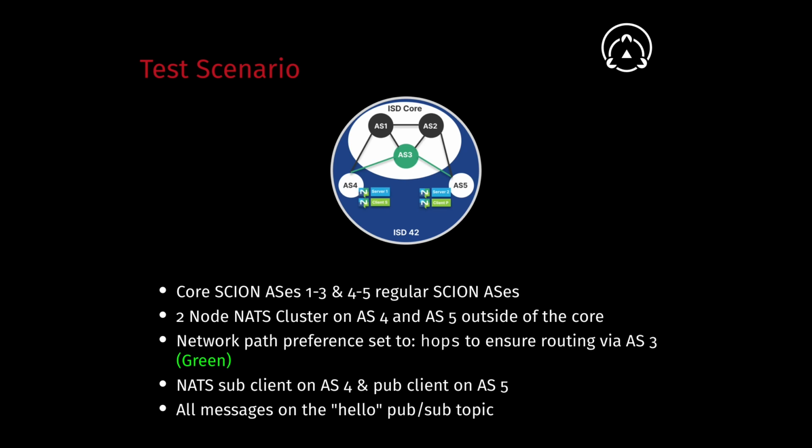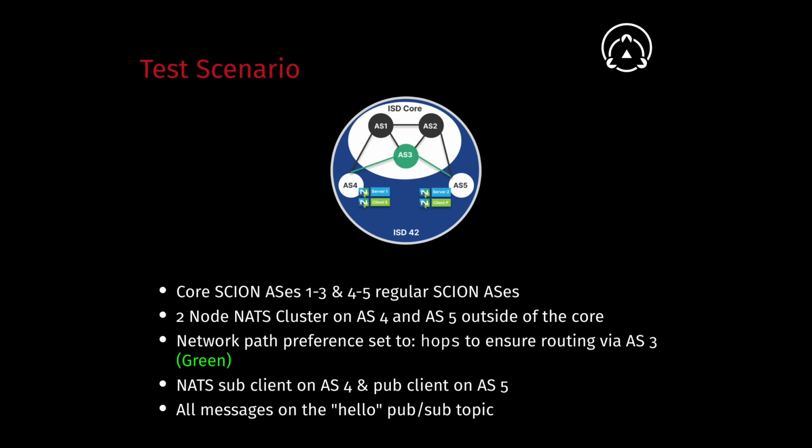And then we've got a 2-node NATS cluster running on AS4 and AS5, along with the client on AS4, which is subscribing to the hello topic, and the publisher being on AS5, which is publishing to the same topic.